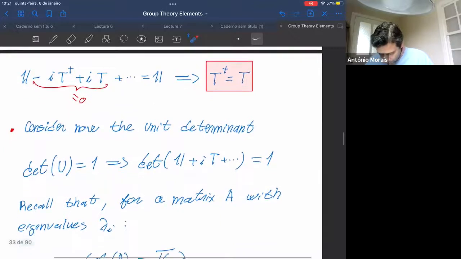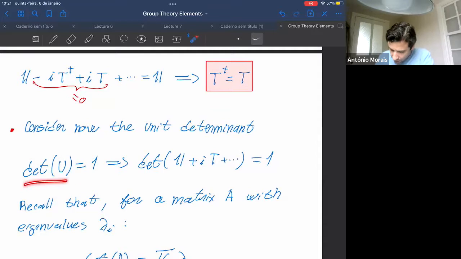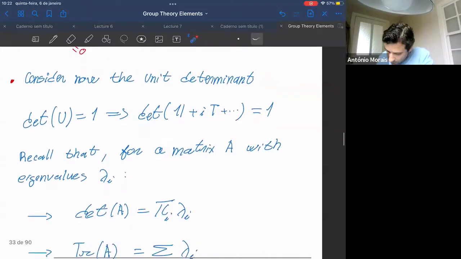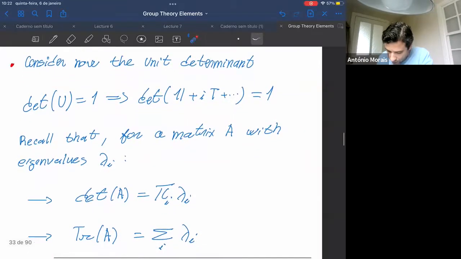So now you can consider again the unit determinant condition, doing the same expansion. So now let's see what this means in terms of the T matrices. You may already be guessing if you are thinking about them. To calculate this, just recall some results.